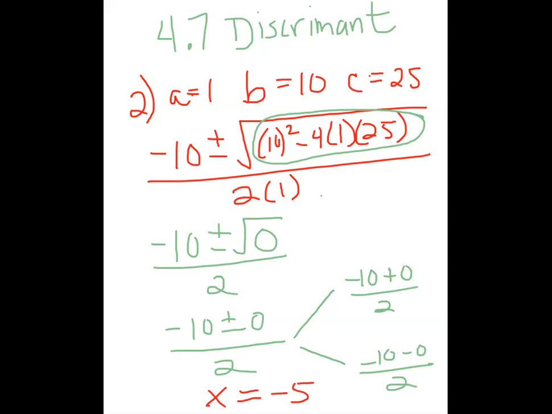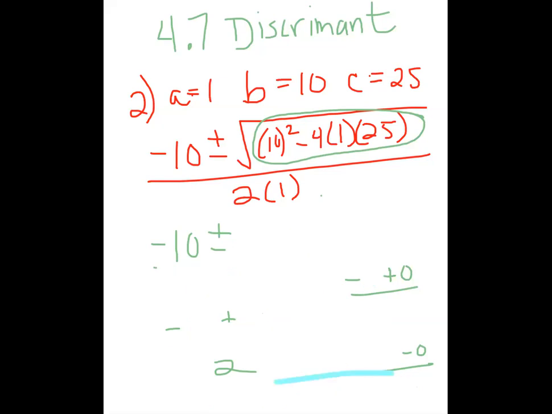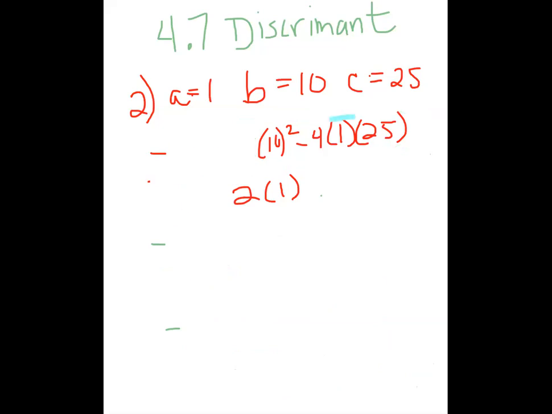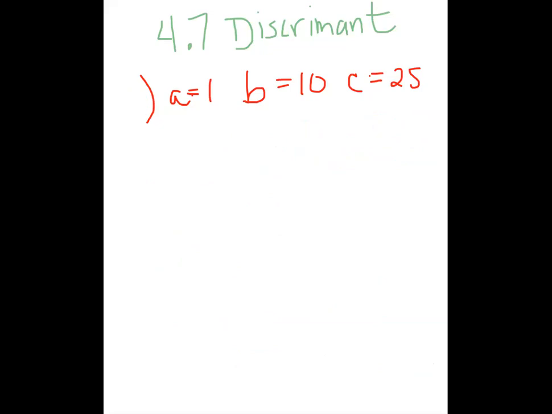Now the last one on your discriminant document, number 3. For number 3, the A value is 1 again. The B value is negative 2, and the C value is 10. Okay, so quadratic formula, once again, not the emphasis, but I do want you to see it.